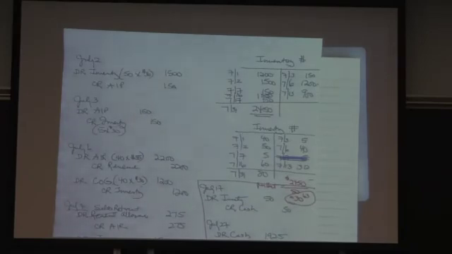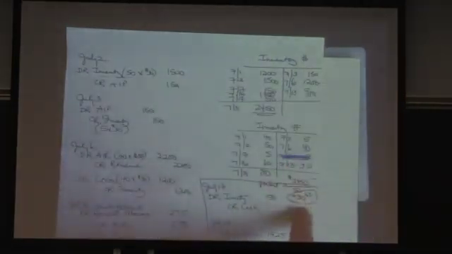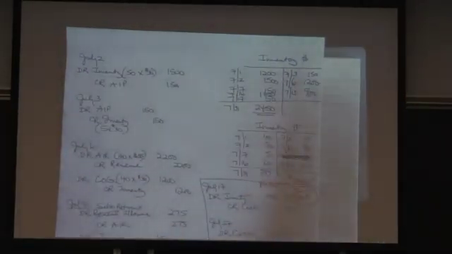Because remember, freight adds to the cost of that inventory. And we need to accumulate all costs of inventory, particularly if it's a cost incurred to get the inventory to the place of business.